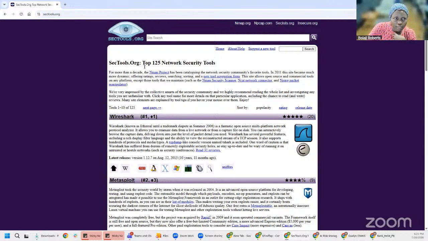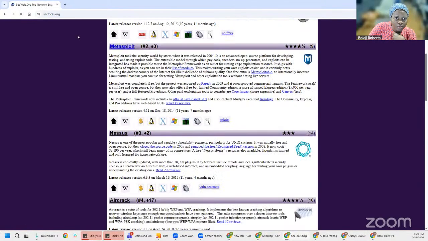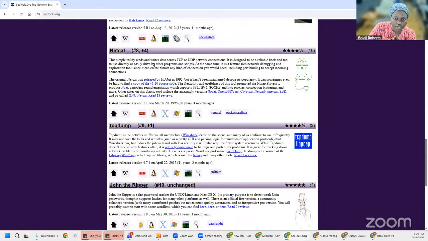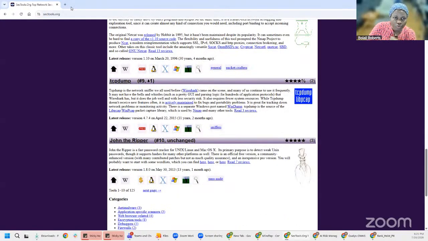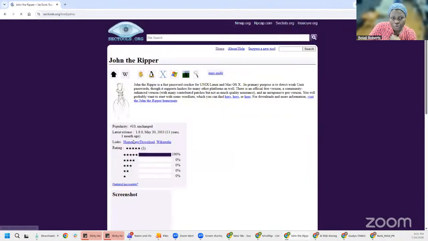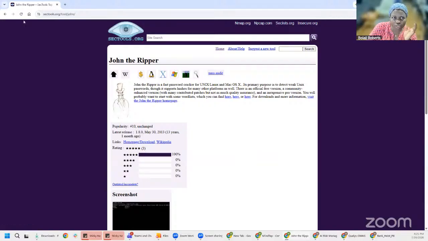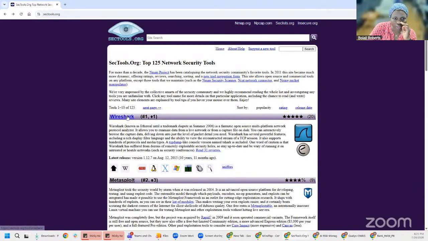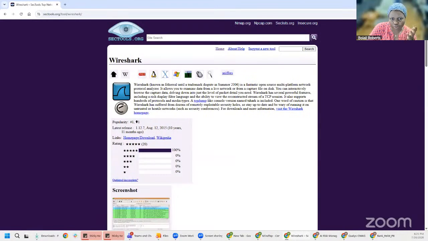A more recent version of sektool.org, but this is my whole time. Even if you don't find the most updated tools here, once you go to each website, like the John the Ripper site, you will see the updated version. If you go to the Wireshark homepage, you see the updated version of Wireshark.